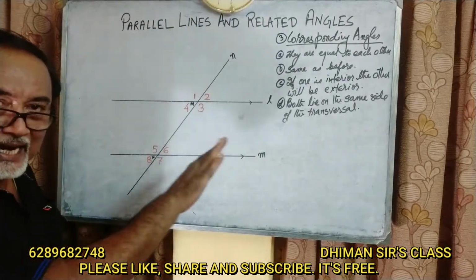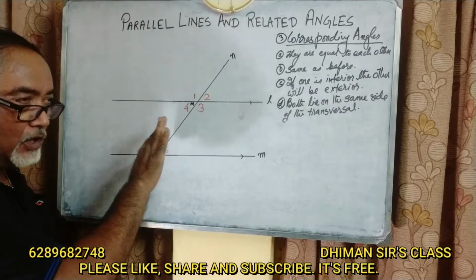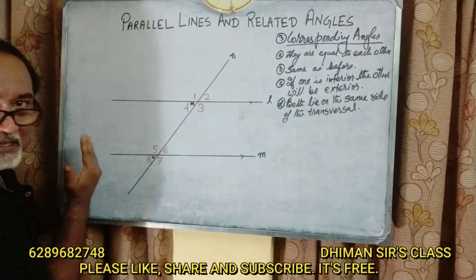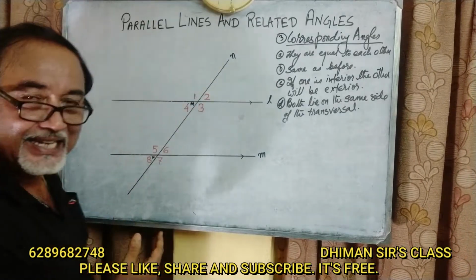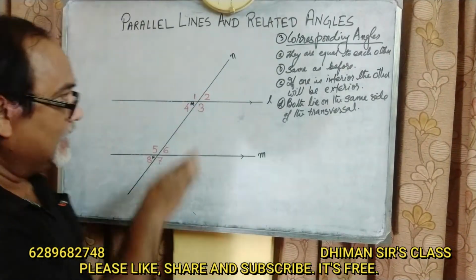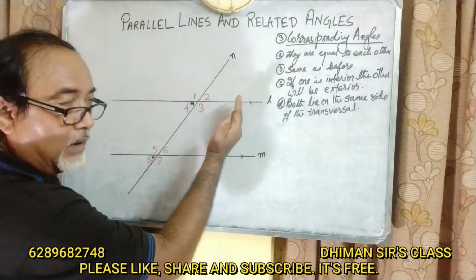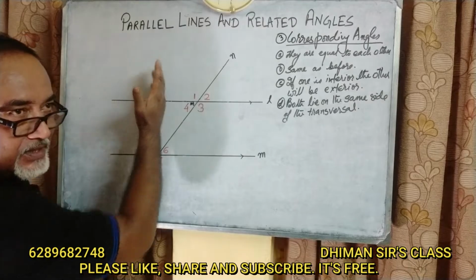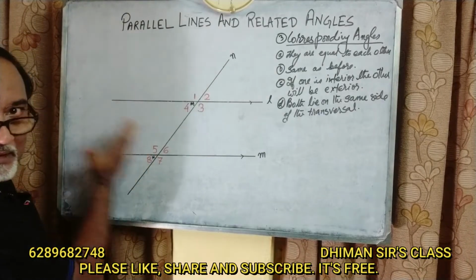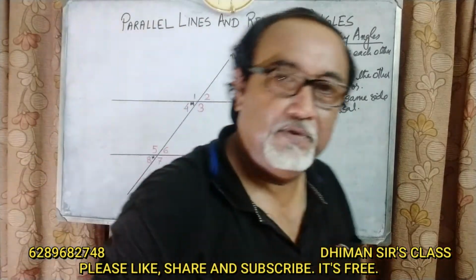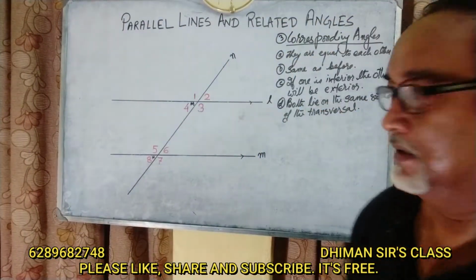In case of alternate angles, both interior and exterior, we saw one is on this side of the transversal, the other is on this side of the transversal. But here, in case of corresponding angles, if one is on this side, the other will be on this side only. If one is on this side of the transversal, then the other has to be on this side of the transversal. Clear, students? So, now, what are the examples?